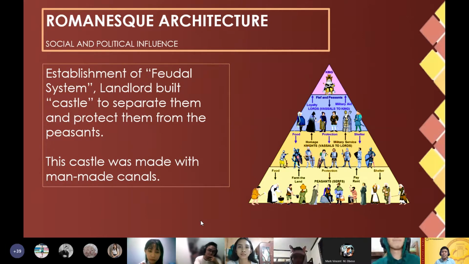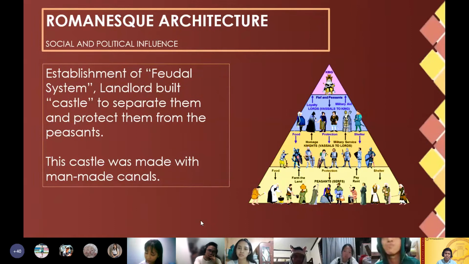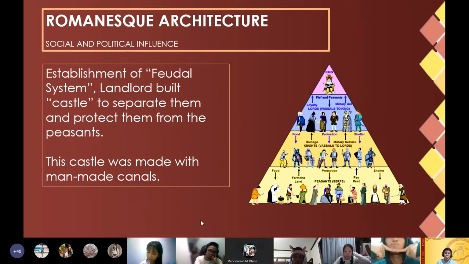So this means that in Romanesque architecture, it's not just the churches for the gathering in Christianity, dili lang kay church, but nasa day mga castles. So nga rin nagsugod ang mga castles in Europe. So why? It's because this is the time nga nagsugod ang feudal system, or what we call the feudalism.